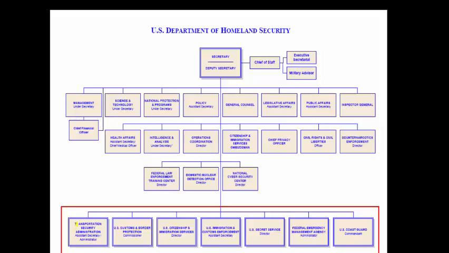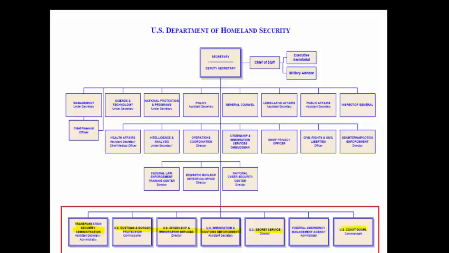The TSA, Transportation Security Administration. If you've ever flown and had to go through an airport, I'm sure you're very well aware of what the TSA is responsible for. These agencies down here all have various immigration and customs enforcement and border protection functions. Former Border Patrol here. The U.S. Secret Service, one of the things it does is provide protection for government officials.